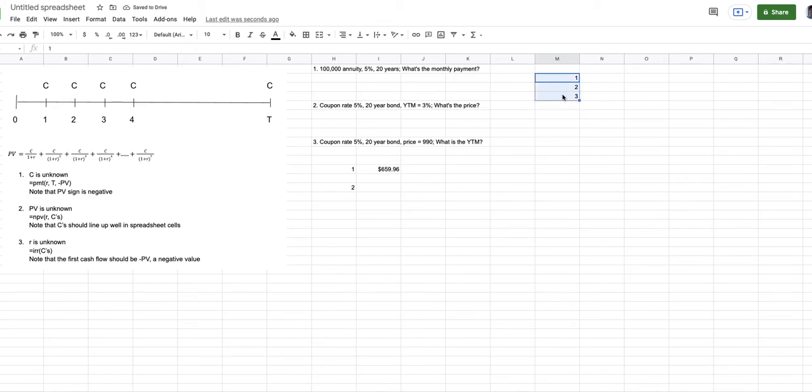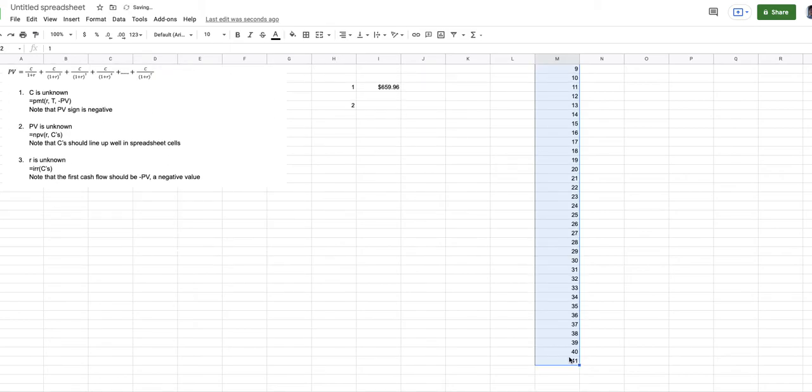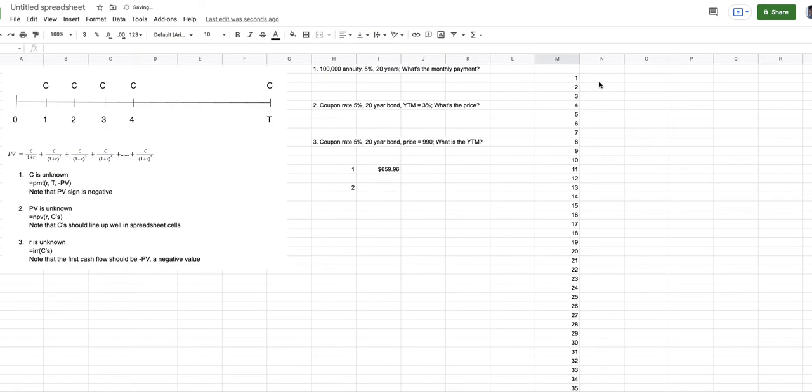I want to do 20 years, but remember, when we're doing a 20-year bond, you pay semi-annually, so you should get 40 payments. And what about the coupon payment? According to the convention, it is $1,000 times the coupon rate of 5%, but make sure you divide by 2 to get a semi-annual payment. So every 6 months you receive $25.